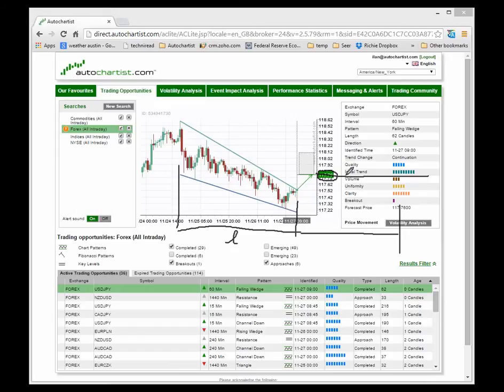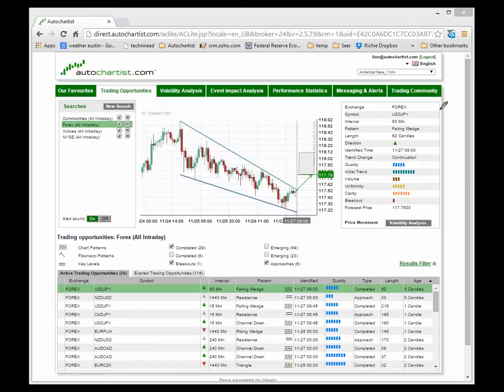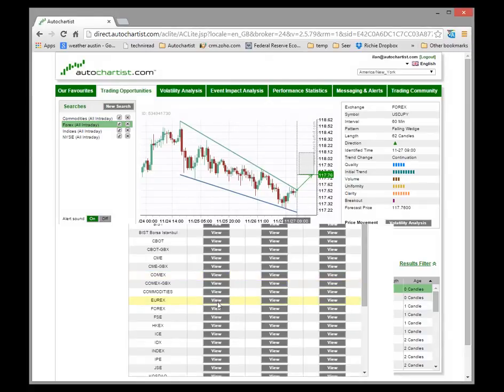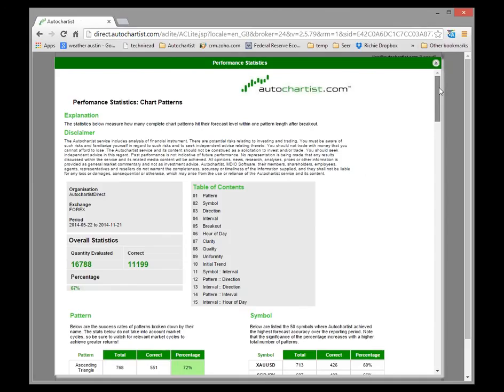Depending on where you get Autochartist from, you would only get the markets that your broker actually gives you access to. So a lot of you obviously tick the fact that you trade forex, so you might only have the forex statistics in front of you when you open up your Autochartist platform.